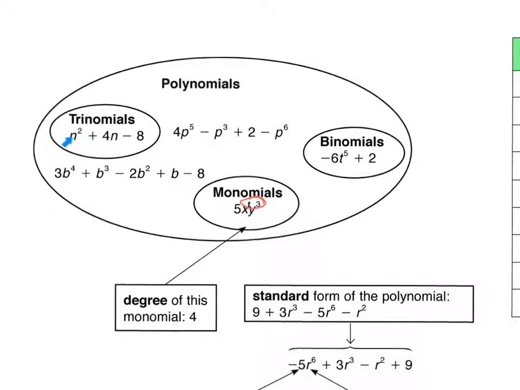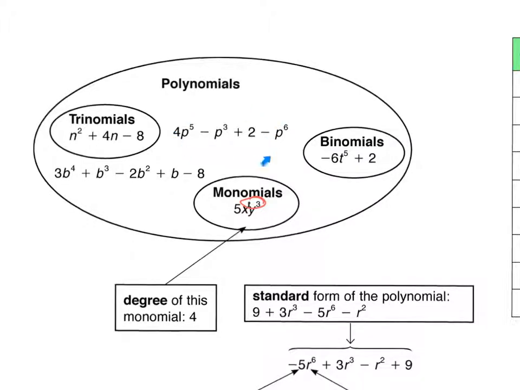The degree of this trinomial, because there's 3 terms, it's a trinomial, is the degree of the highest term. So this is 2, so that's a second degree trinomial. Binomials have 2 terms, or 2 monomials. The degree of this binomial would be 5. This is a 1, 2, 3, 4 term polynomial.